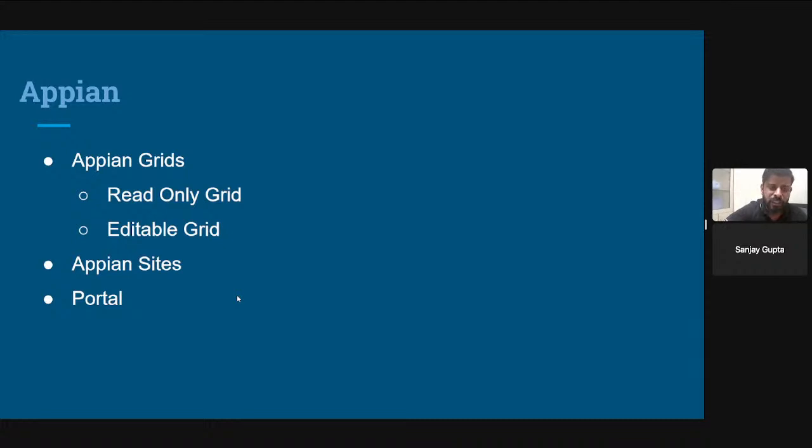The third type of interface that we have is the portal. We discussed Tempo, we discussed sites, but for all of these we need the user to log into the system. Only authenticated users can access the sites or Tempo. If there are unauthenticated users who want to access the Appian site or Tempo, they cannot.